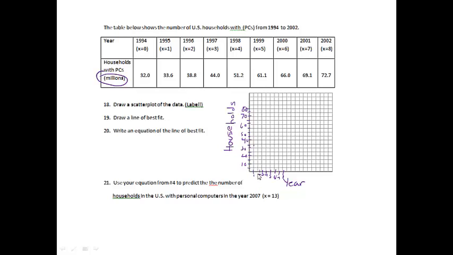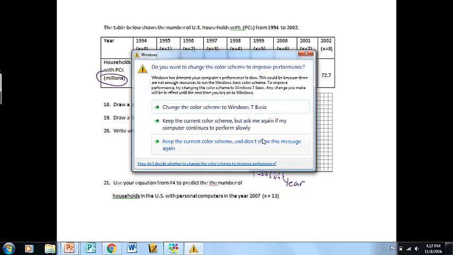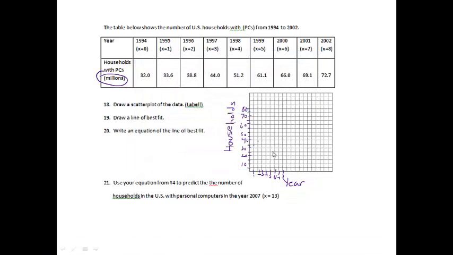And then 2, 38.8, almost up to 40. 3, 44. 4, 51.2. 5, 61.1. 6, 66.